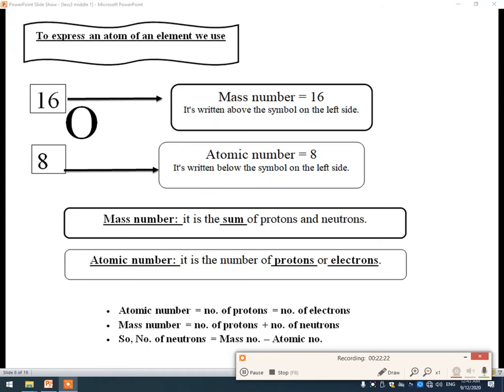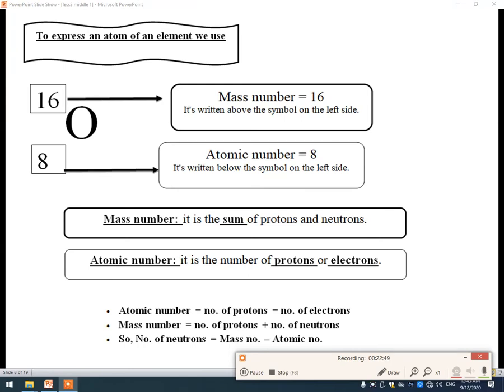So here in the picture, if I ask you, what is the atomic number of oxygen, 16 or 8? It will be 8. Why? Because you know that the atomic number is the number which is written at the bottom left of the symbol. Now what about the 16? What about the number which is found at the top left of the symbol?